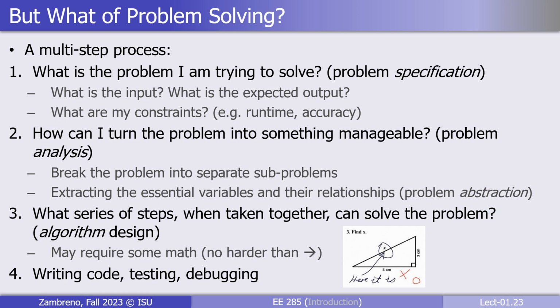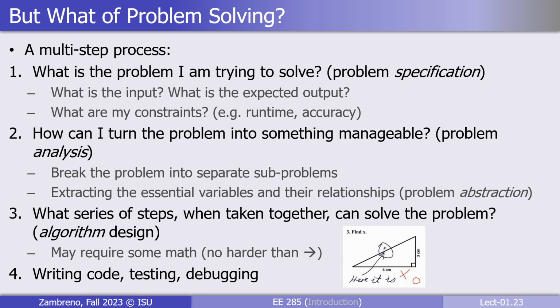Step three, the term you will see in other contexts is algorithm or algorithm design. Now that I have a better understanding of the specification and have maybe broken down the major tasks into what variables I'll need to create and the subcomponents of the steps along the way, now I go even further and ask: what is the actual series of actions that, when taken together, gets me to a solution to the problem?